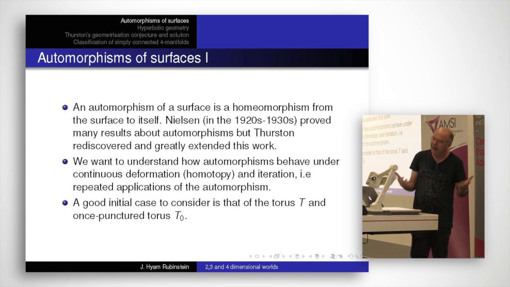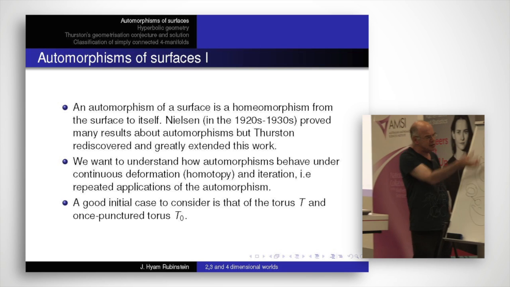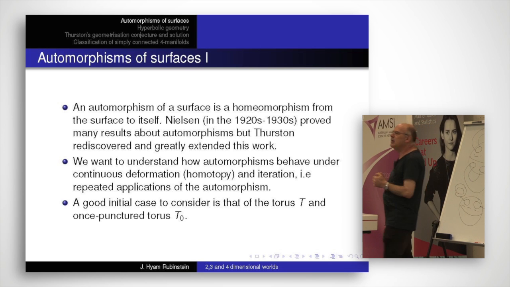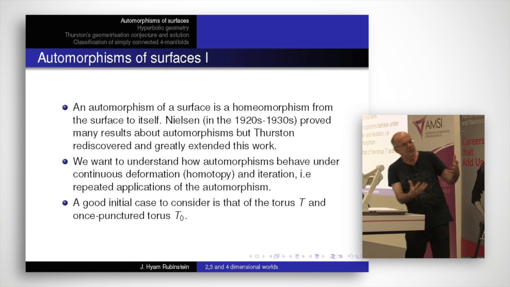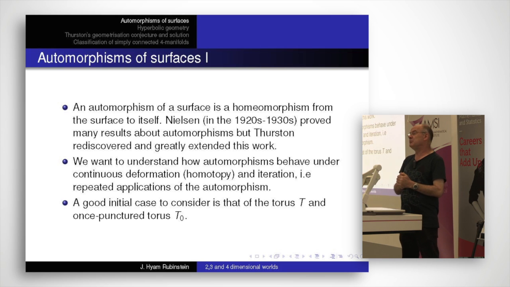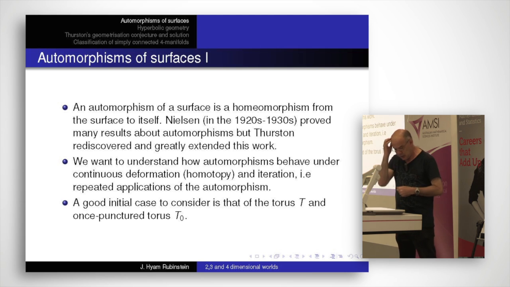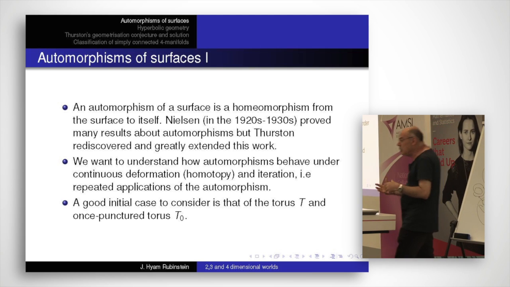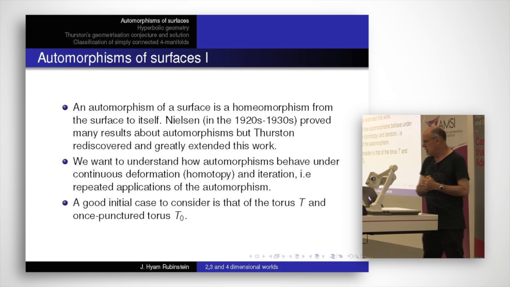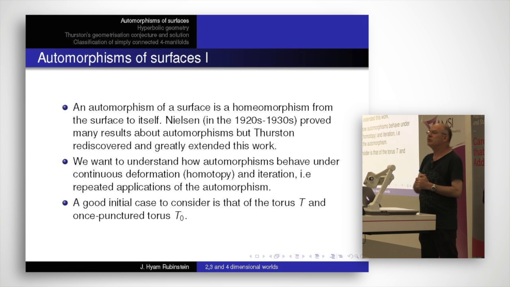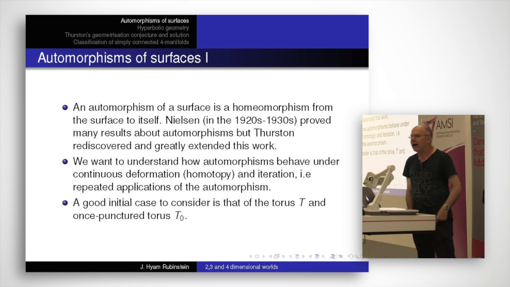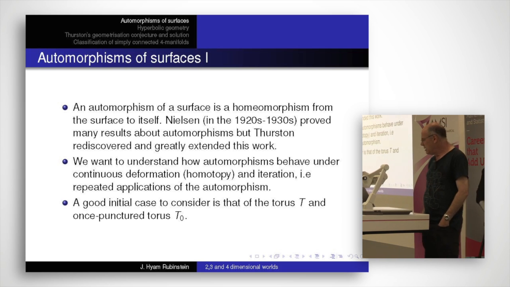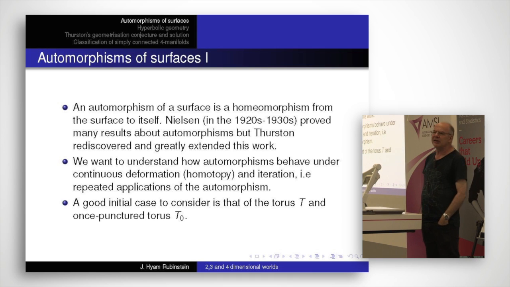Now you might think, well, you can see symmetry interchanging these handles, but in fact it turns out there's a huge number of symmetries of surfaces. That's just the tip of the iceberg. So what I would like to do is just very quickly tell you about this theory. This was developed by a mathematician in Denmark, Nielsen, in the 1920s and 1930s.